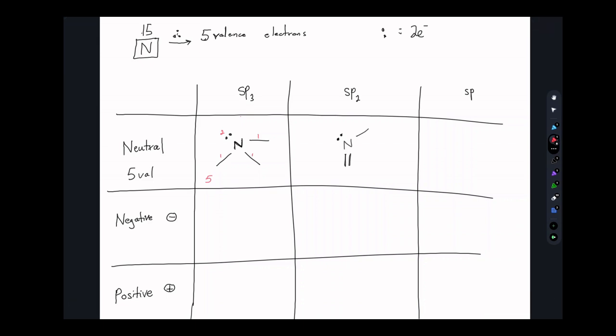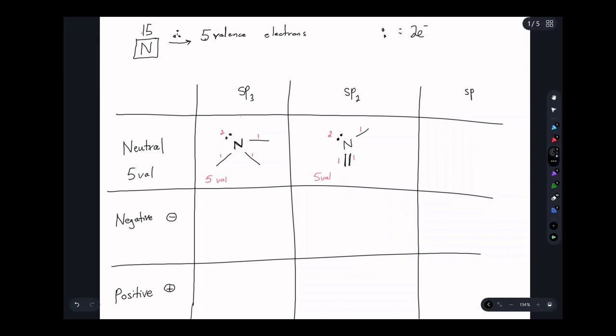We have 8 electrons around that nitrogen. We still have 2 electrons from the lone pair and 3 from the bonds. But if we count the number of groups around the nitrogen, we can see 3 distinct groups. So this is the sp2 version of nitrogen, and a new functional group that you won't even see in this course, but I still want to illustrate that the fundamentals apply universally. Once again, this is going to give us 5 valence electrons with the sp2 hybrid.